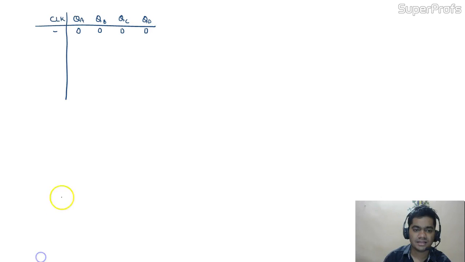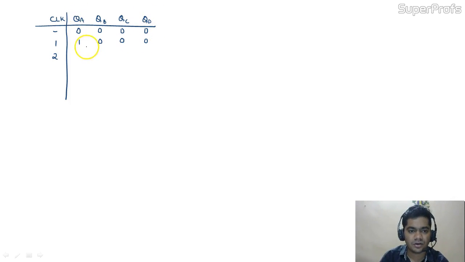So we are making the table like this. After the first clock pulse, QA would become 1, and the others 0. In the second clock pulse, as the complement is giving feedback to the first flip-flop, it would again become 1, this would come here as 1, and the others 0. After the third clock pulse, again this one would come as 1, this 1, this 1, and this becomes 0.